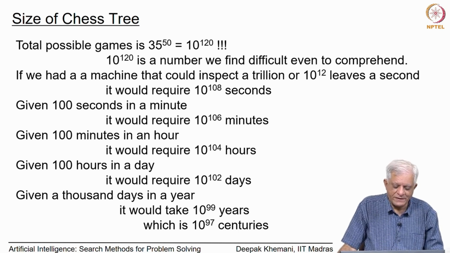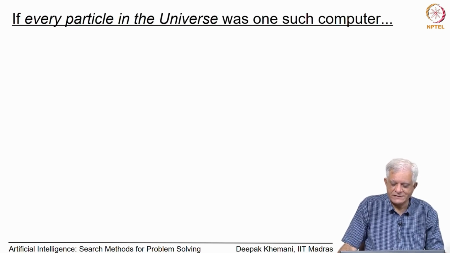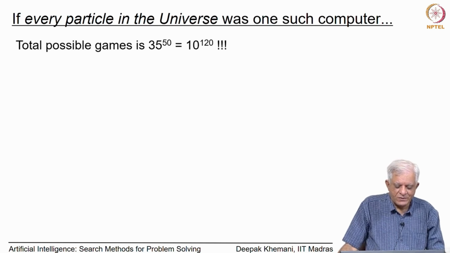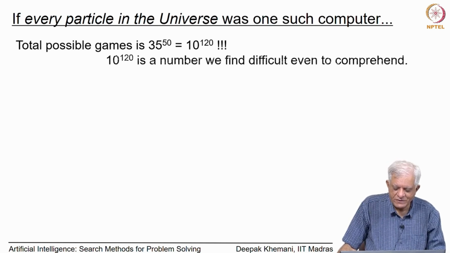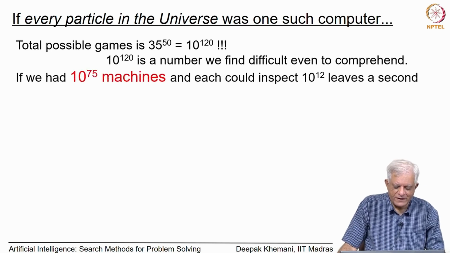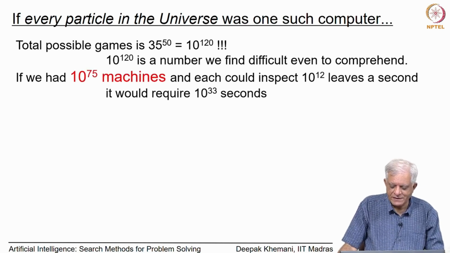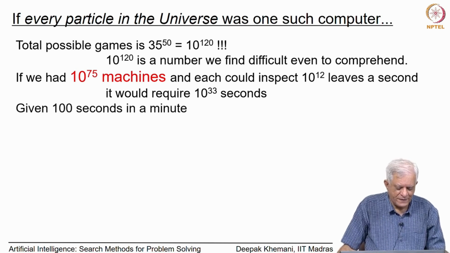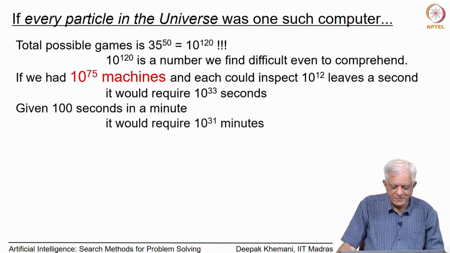So, what we are saying here is that if every particle in the universe was such a computer, then the total number of games we have already said is 10 raised to 120, and if we had 10 raised to 75 machines and each could inspect 10 raised to 12 leaves a second, it would still require 10 raised to 33 seconds. And then we go through a similar calculation as we did recently. If we had 100 seconds in a minute, it would need 10 raised to 31 minutes.